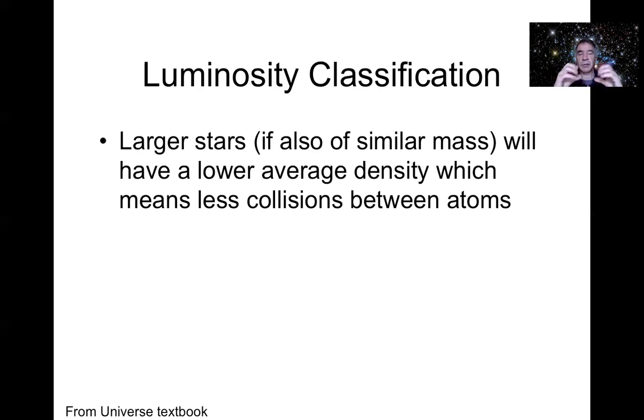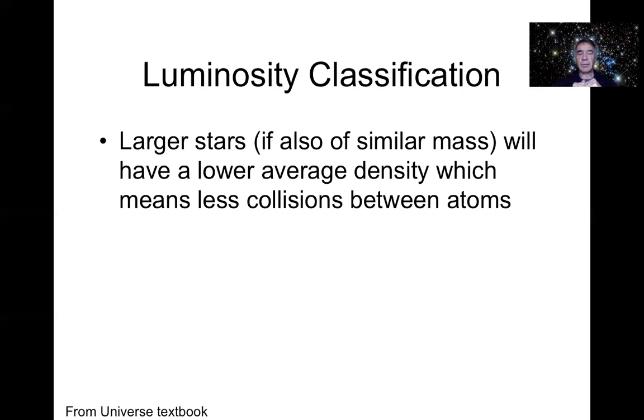And so when you bring 2 atoms close together, they interfere with the orbital structure of the electrons, which changes the energy levels a little bit in each atom. So if you change the distance between the energy levels, then you're going to change the wavelength of the spectral line that is emitted from between those 2 levels.